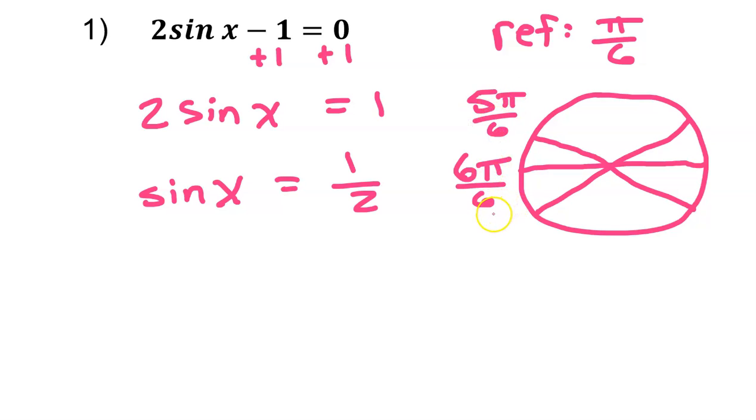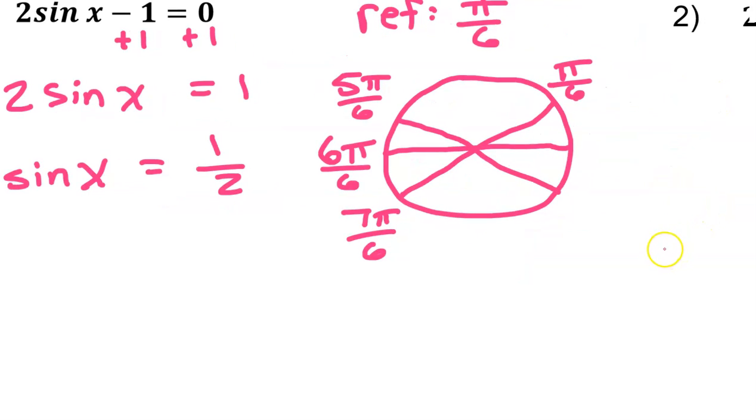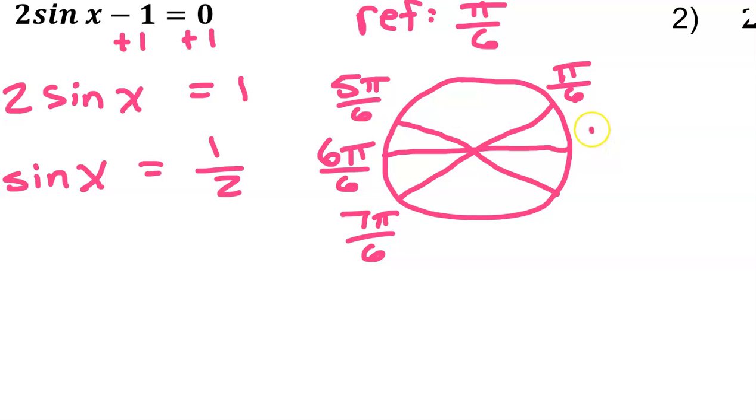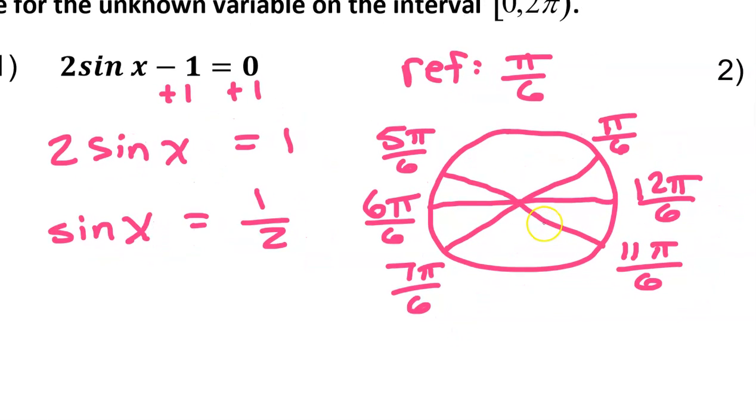And one position after 6 pi over 6 will be 7 pi over 6. Of course, this is pi over 6 itself. And way over here on the right-hand side, this would be 12 pi over 6. So that makes this 11 pi over 6, one position before 12 pi over 6.